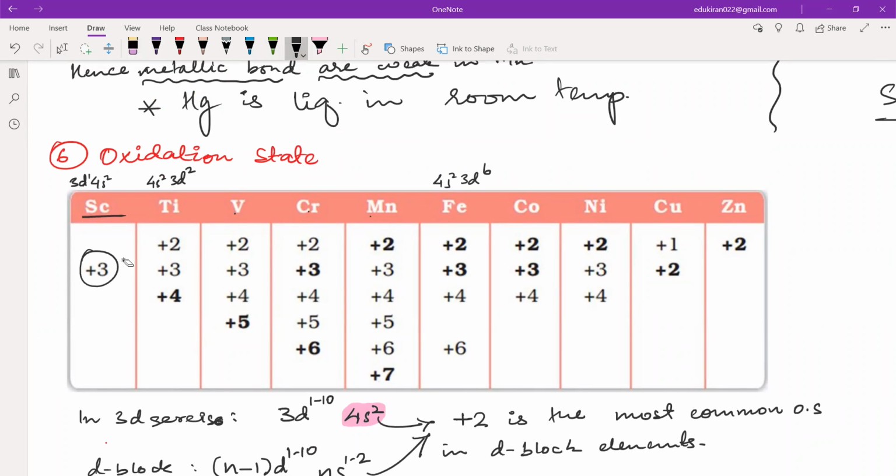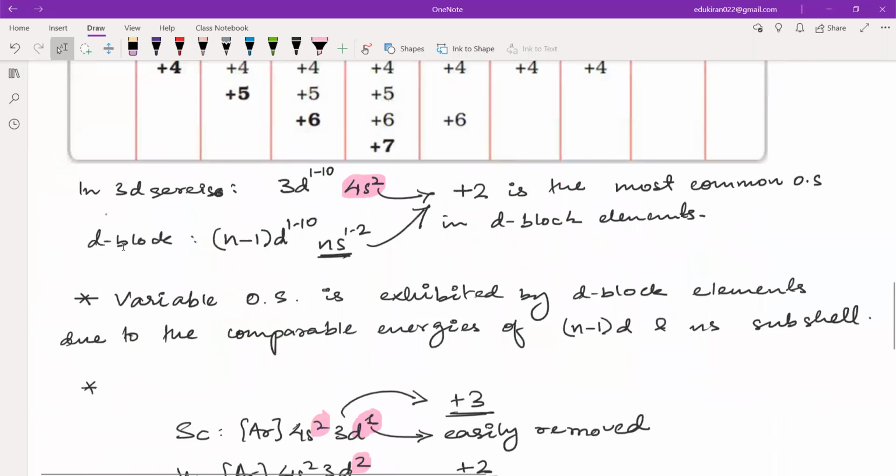So starting from scandium to manganese, the maximum oxidation state is equal to the number of electrons in ns and (n-1)d.